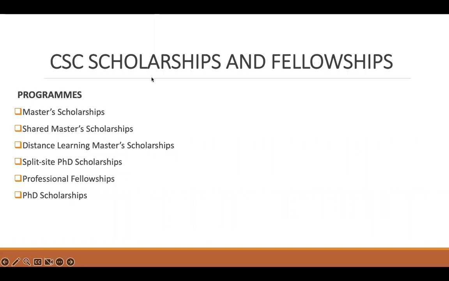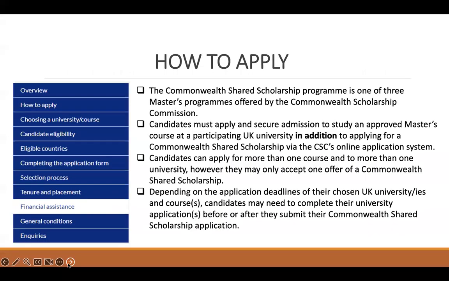Next slide. So the main focus of tonight is the shared scholarship. Like I said earlier, for the shared scholarship, the nominating body is the university you are applying to.